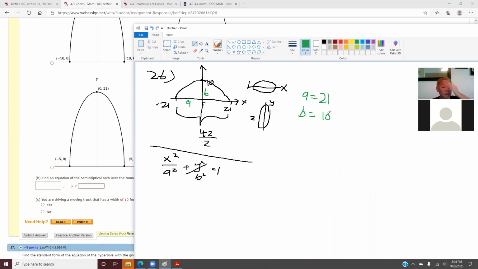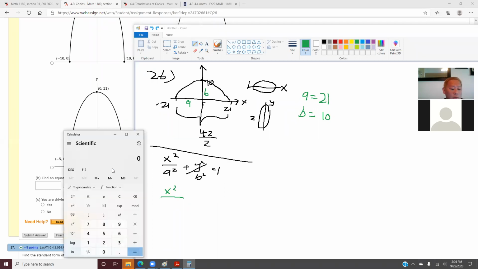So what you do here is you plug all this into this equation. So you will get x squared over, sorry, not 100. A is 21, right? So it's 21 squared. What is 21 squared? 21 times 21, 441.